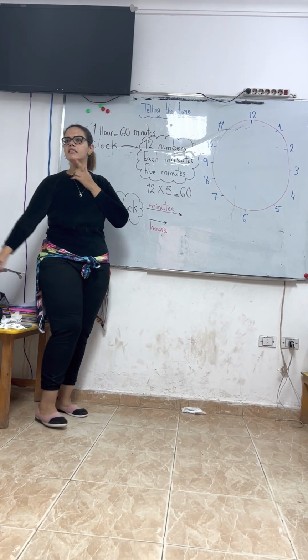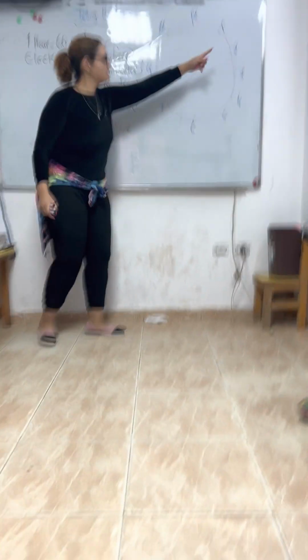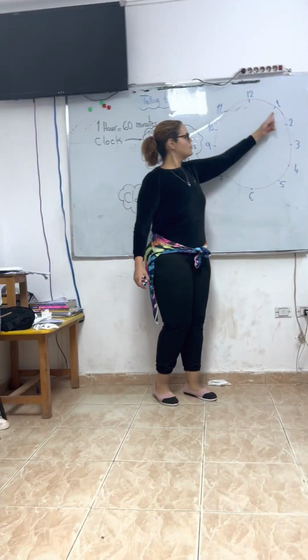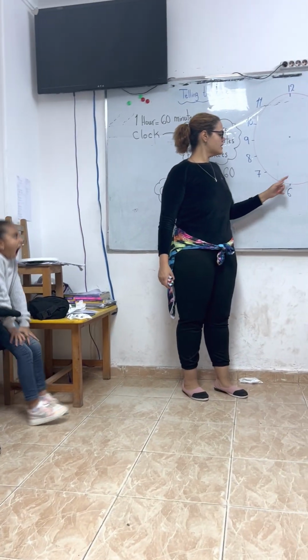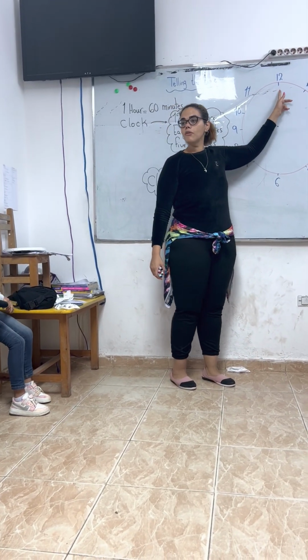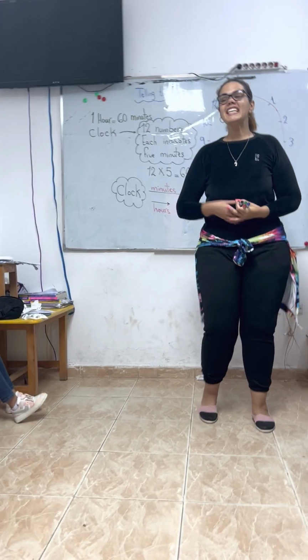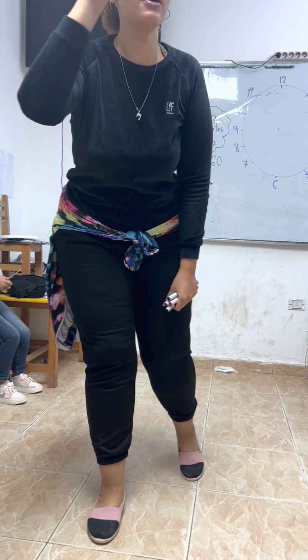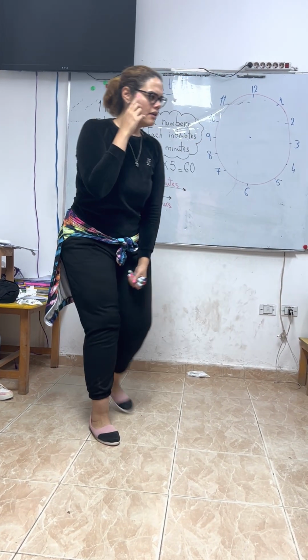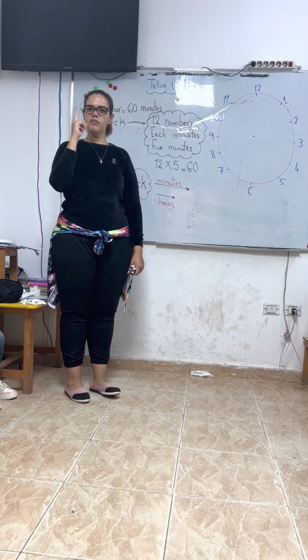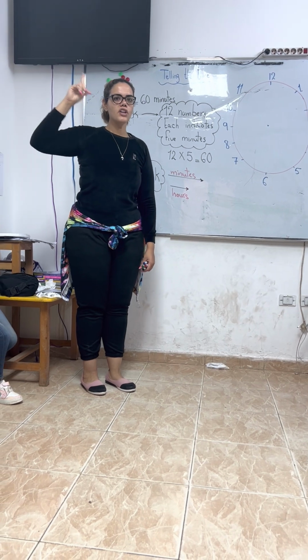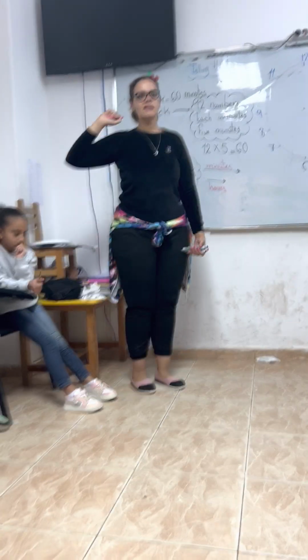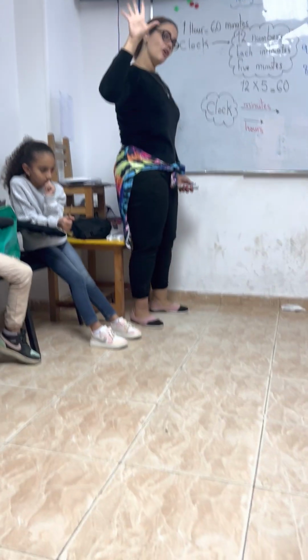Okay, Miss Lamis, how many numbers in the clock? 1, 2, 3, 4, 5, 6, 7, 8, 9, 10. How many? 12. Each number means 5 minutes. Listen, 1 hour equals 60 minutes. Each number means 5 minutes?